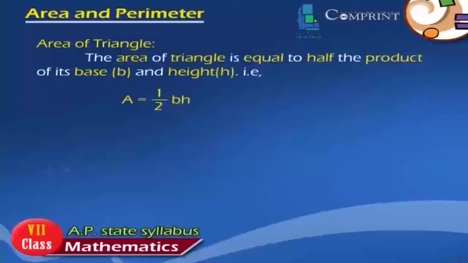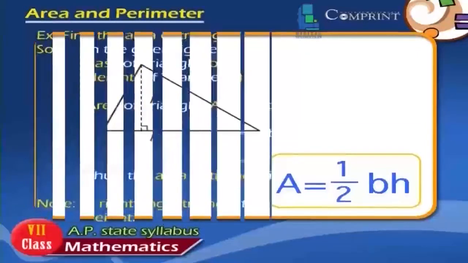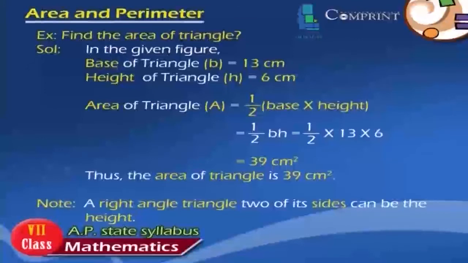Area of triangle. The area of triangle is equal to half the product of its base B and height h, that is, A is equal to 1 by 2 BH. Example, find the area of triangle.